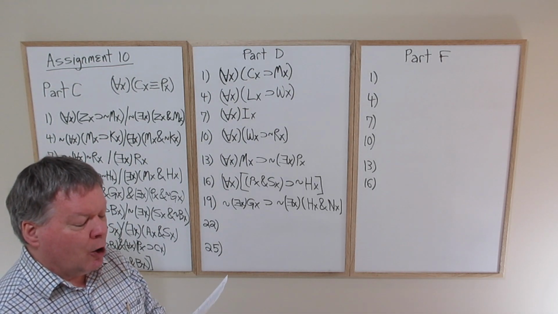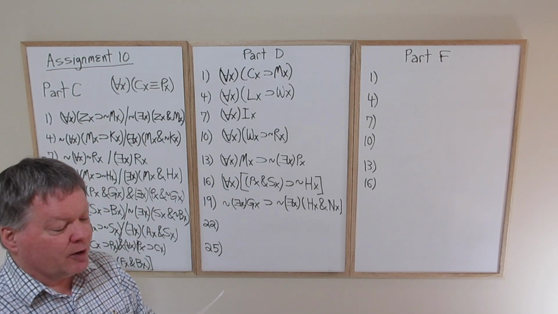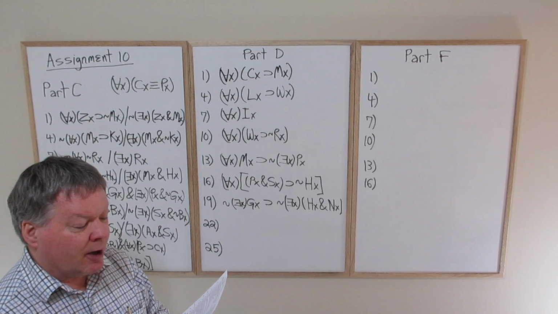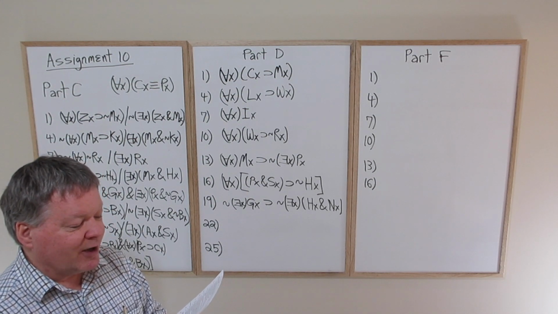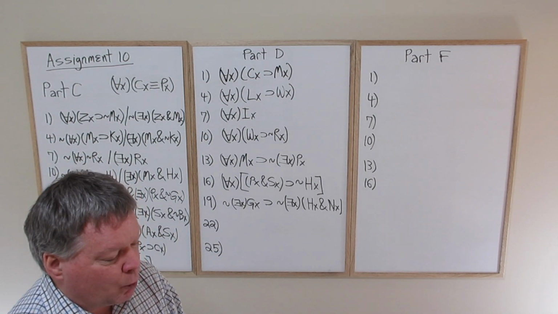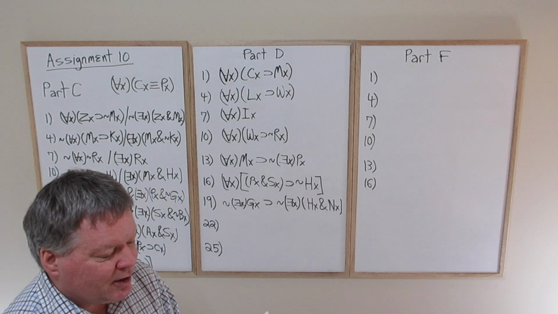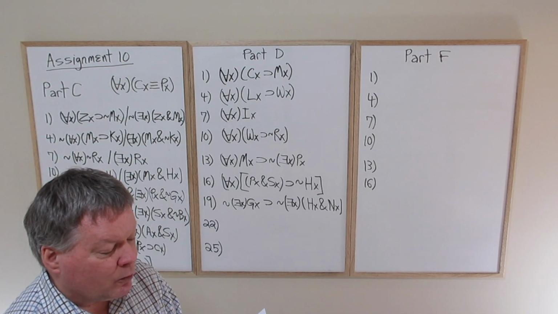Question 22. Only large rodents are capybaras. So we've got X is large, X is a rodent, and X is a capybara. The thing to focus in on here: what comes immediately after the word only? Large rodents.